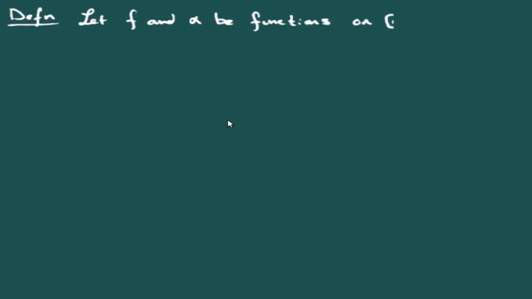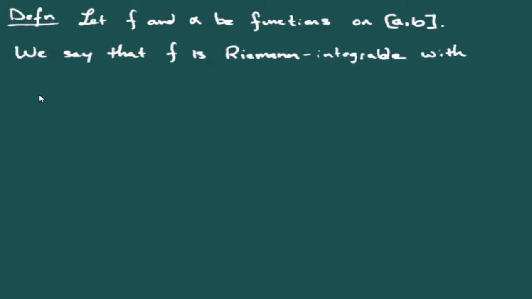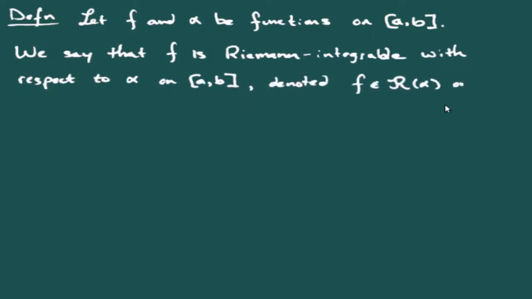And so now let's actually look at what it means to be Riemann-Stieltjes integrable. So again, let f and alpha be functions on our closed interval [a, b]. We say that f is Riemann integrable with respect to alpha on the closed interval [a, b], or sometimes we say that f is Riemann-Stieltjes integrable with respect to alpha on [a, b]. And we denote that by this little script R of alpha notation.